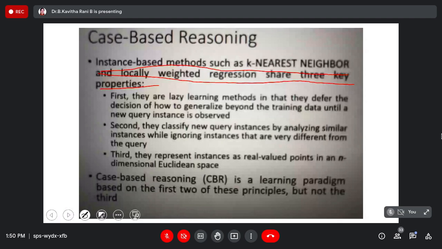So here they represent instances as real-valued points, with attributes A2, A3, and so on. The data itself is going to be 1, 2, 10, 4, 10, 15, so these are all real-valued data. If you take one more example, Sunny is an attribute.